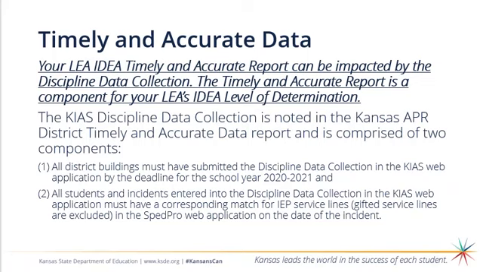One, that all district buildings must have submitted the discipline data collection in the KIDS web application by the deadline for the school year, June 30th, and two, all students and incidents entered into the discipline data collection in the KIDS web application must have a corresponding match for the IEP service lines. Gifted service lines are excluded in the SPED Pro web application on the date of the incident.